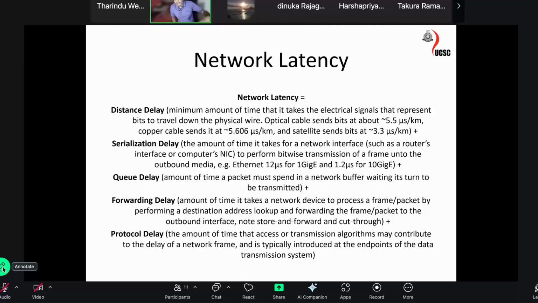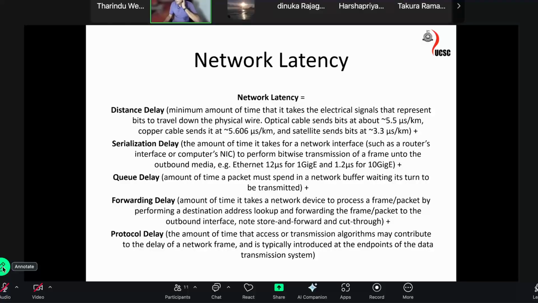So distance delay, I told you that it is difficult to optimize. It's limited by the speed of light and the distance of the source and destination. But serialization delay can be reduced by increasing the bandwidth. Let me show you an example. If you have a 1 gigabit Ethernet, serialization delay will be 12 microseconds. But if you increase the bandwidth of the machine, it takes only 1/10 of that due to the parallelization.